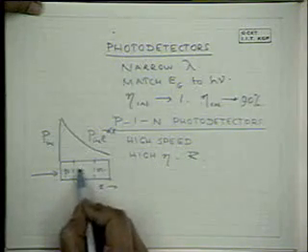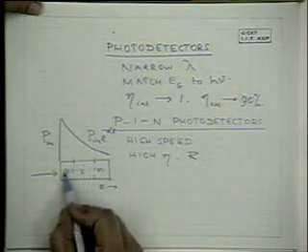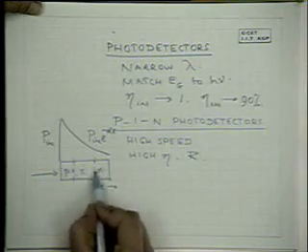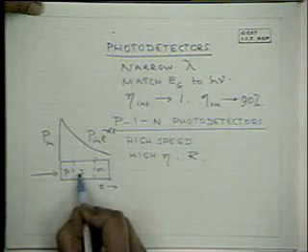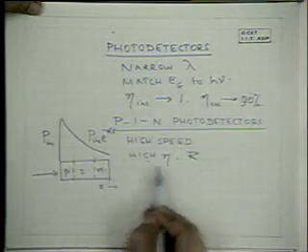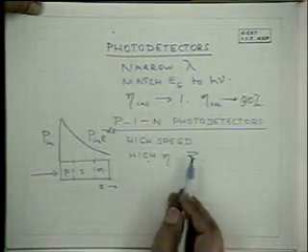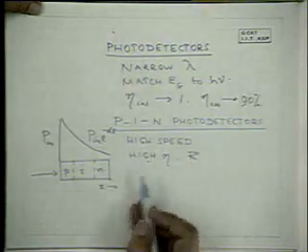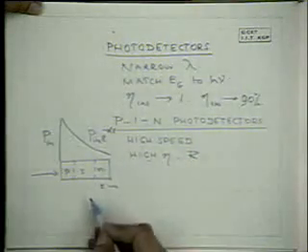If this I region was not there, then quite a bit of the light would not be absorbed, and as a result the quantum efficiency and the responsivity would be low.